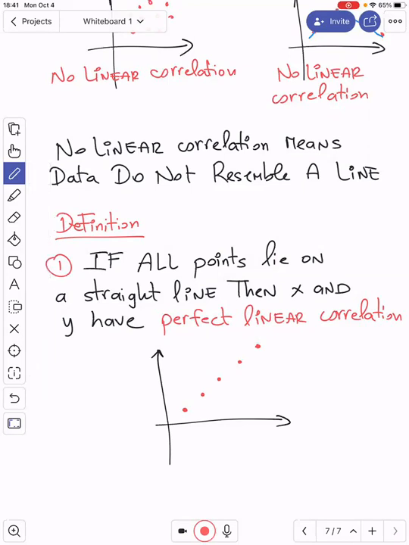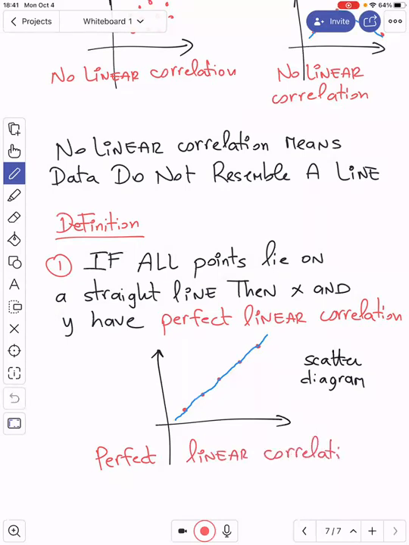So this blue line right here passes through all the points. So in this case, we say that X and Y have a perfect linear correlation.